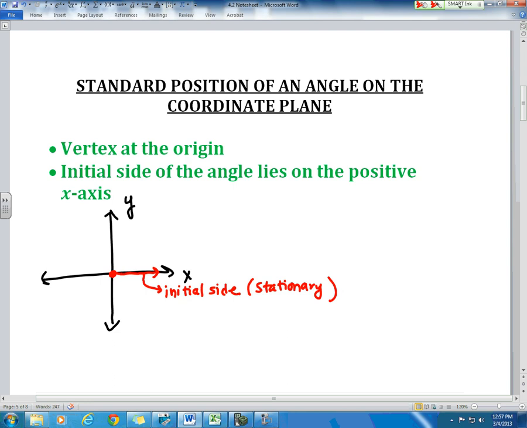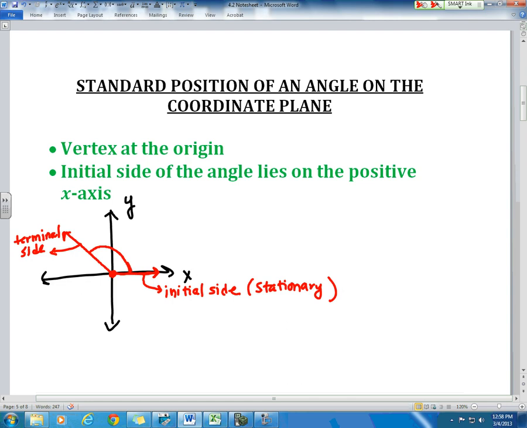Pretend that they're both starting on top of each other right here on the initial side, and then one of the rays is going to pick up and start to rotate around the coordinate plane. Wherever that ray stops, this ray is called the terminal side of the angle, and it is how big we can indicate our angle measurement to be.